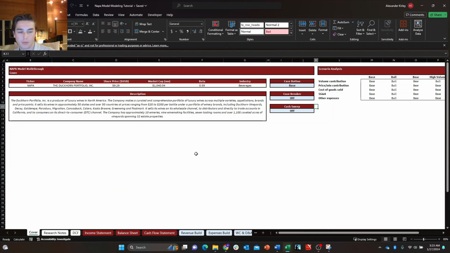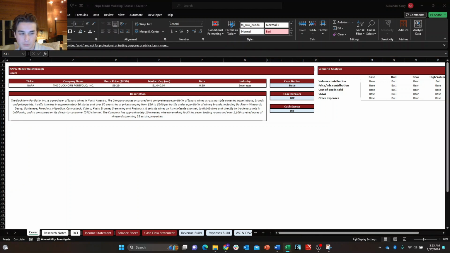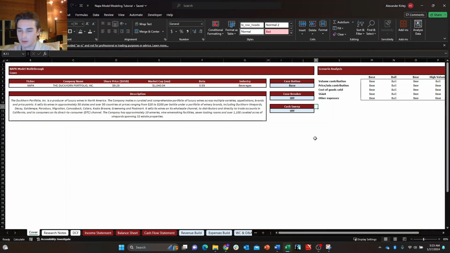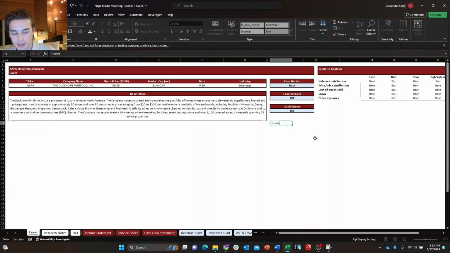Alrighty, now one thing I also want to do here is I want to have all my upside downside cases that go along with this. So the actual price, the actual valuation. Upside, downside.